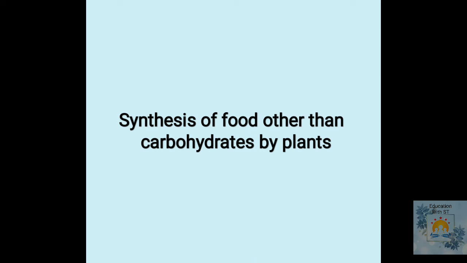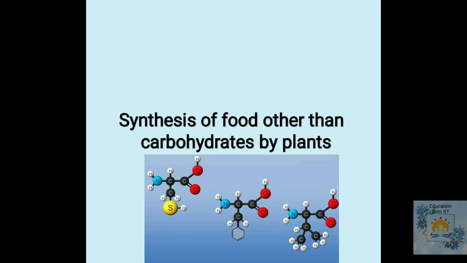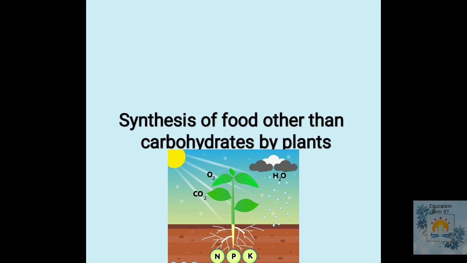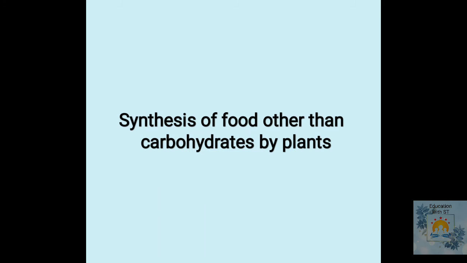Plants synthesize other food nutrients such as fats and proteins through amino acids. Proteins contain elements like nitrogen, phosphorus and sulfur. The process by which plants synthesize proteins and fats from glucose is quite complex.